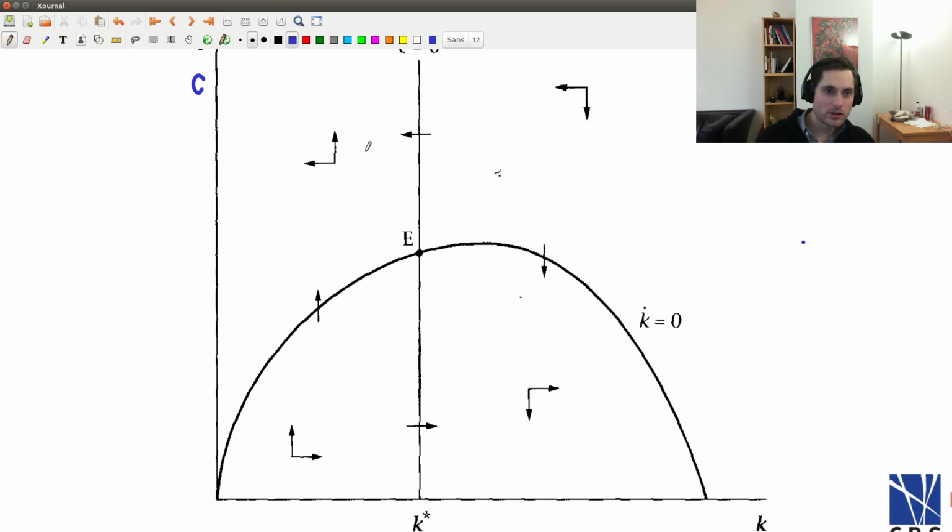Okay, so we can actually sign each of these quadrants. In this area, capital is falling and consumption is falling. In this area, capital is falling and consumption is rising. In this area, capital is falling and consumption is falling. And in this area, capital is rising and consumption is rising. Okay.